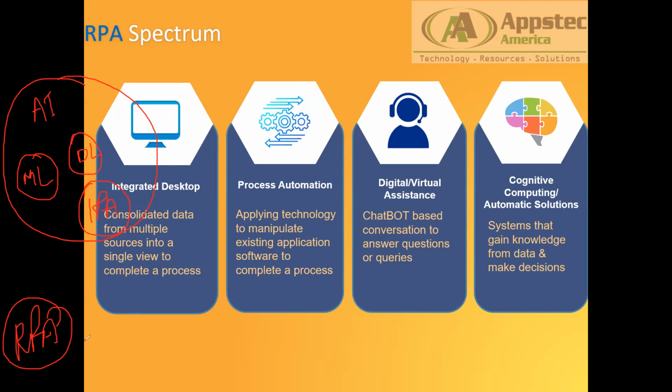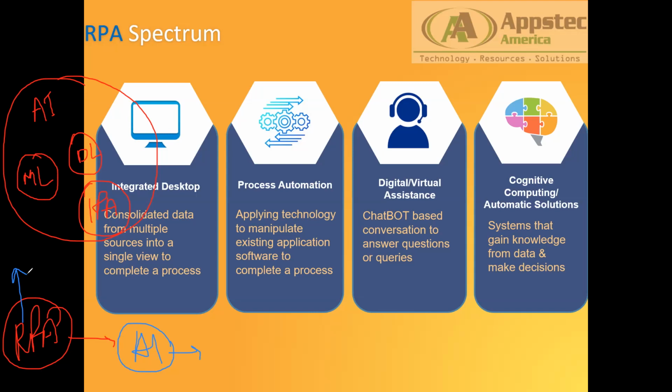Now that's what I was saying, that RPA is just a software robot to deal with your process automations for faster execution, less human interaction, less human error, and all these things. The moment I advance this RPA with certain advanced technologies that fall under AI, my RPA transitions. Here you are just following a rule based process and completing your task. Decision making is not there.